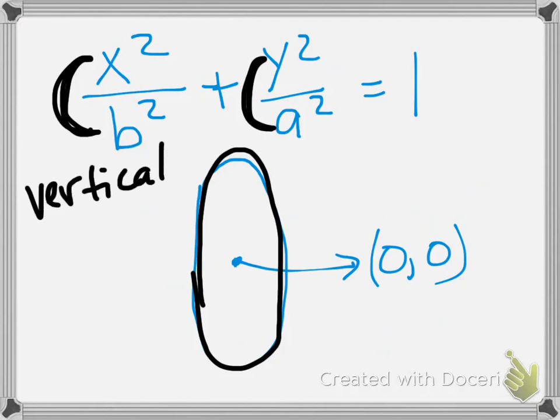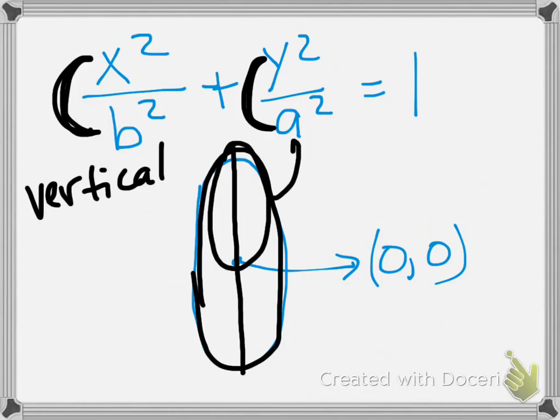So this time the major axis goes this direction, so my length of A would be one half of this, and then the minor axis goes this direction, and half of that would be the length of B, which is going to be there.